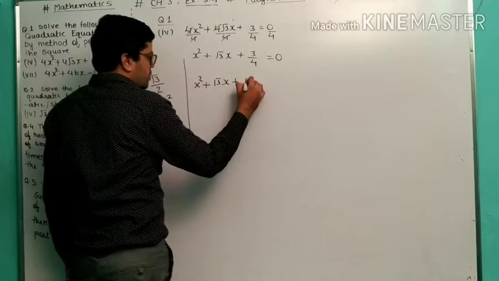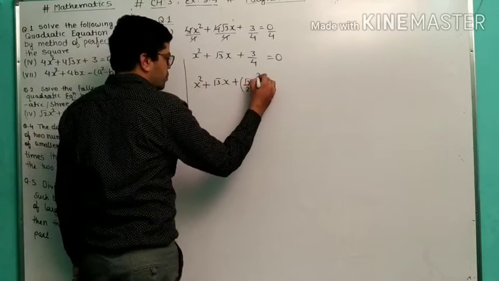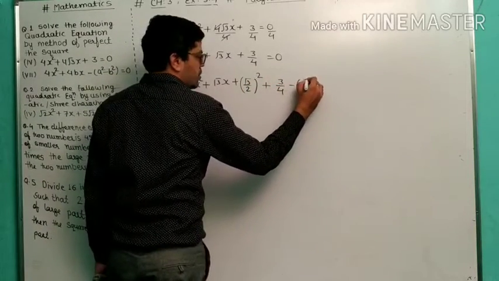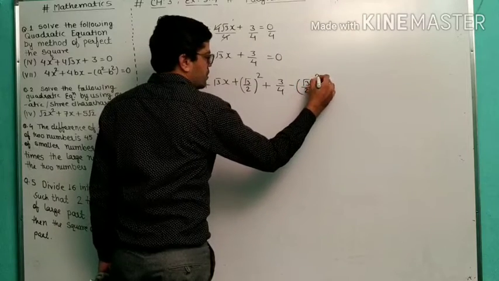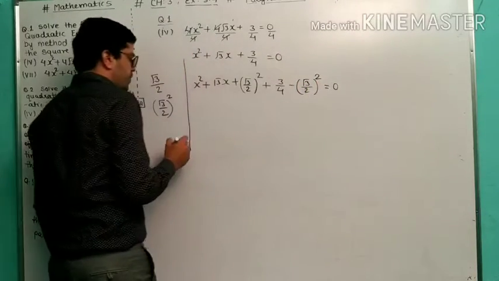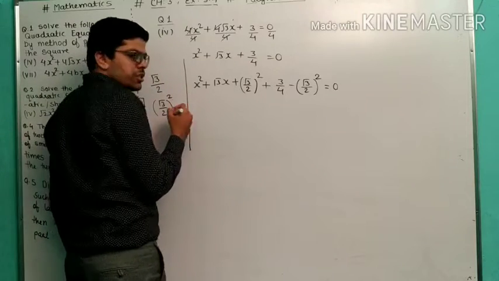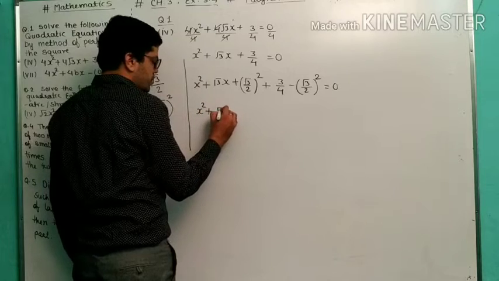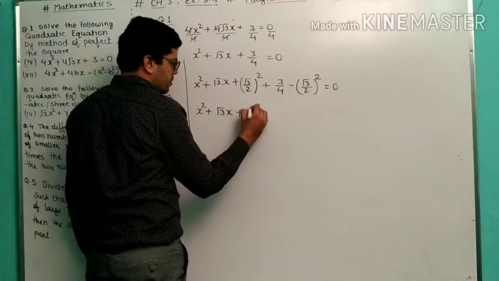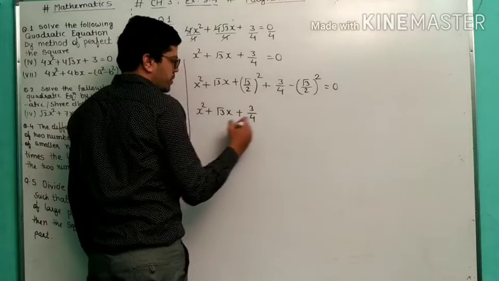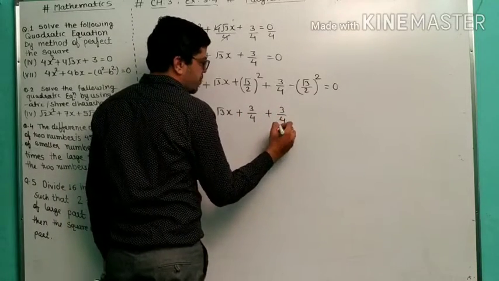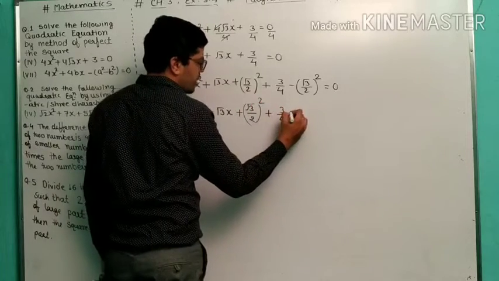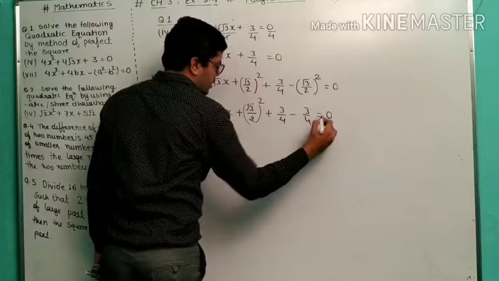So we have to add root 3 by 2 whole square with the variable and subtract with the constant. So we will find the zeros of the solution here. This is not difficult. So x square plus root 3 x plus 3 by 4, this is 3 by 4. So this is not required, just convert it: it is root 3 by 2 whole square, this is 3 by 4, and 3 by 4 is equal to 0.